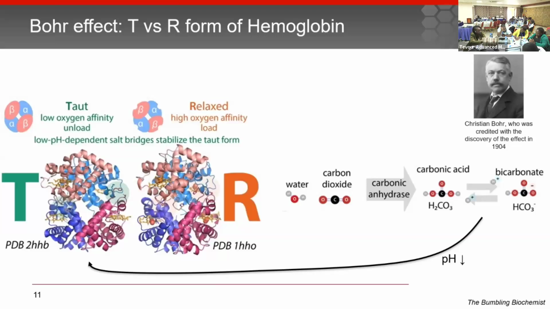In the lungs, the pH is high. However, in the tissue, the pH is slightly lower as oxygen is being deposited. So these properties are key, especially in how we study oxygen affinity, oxygen dissociation from the hemoglobin.